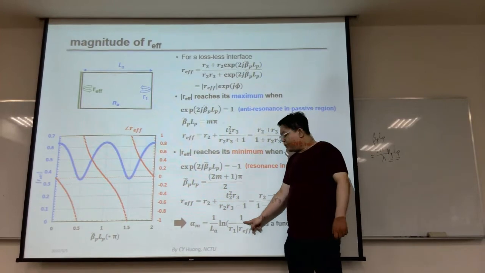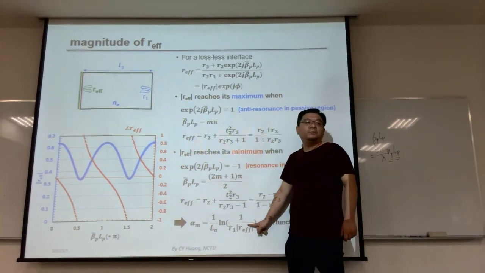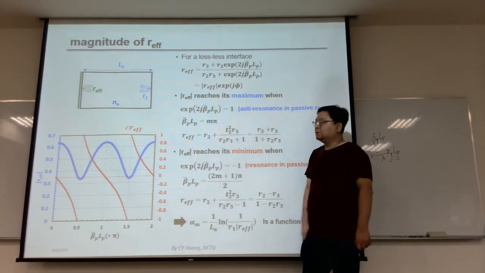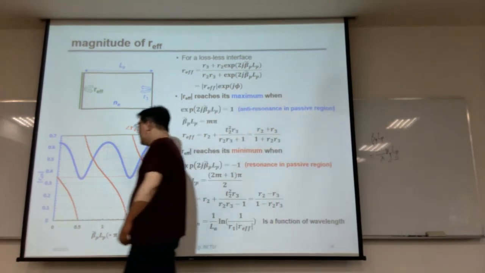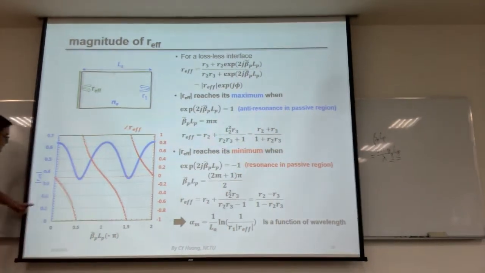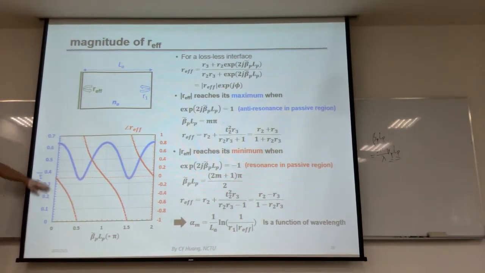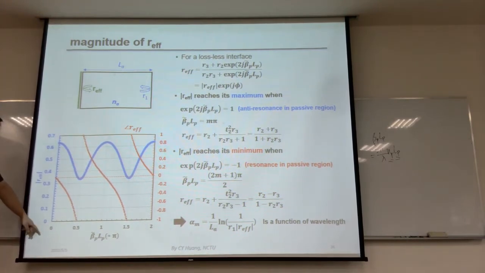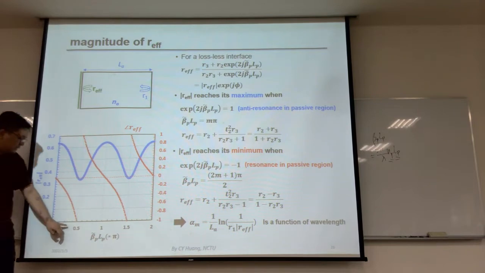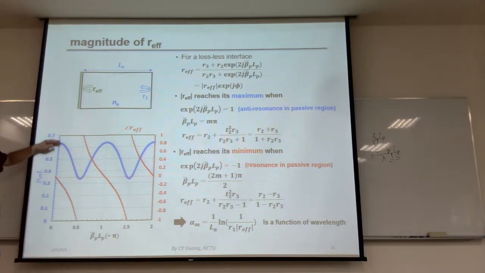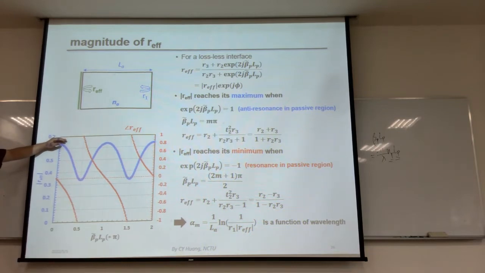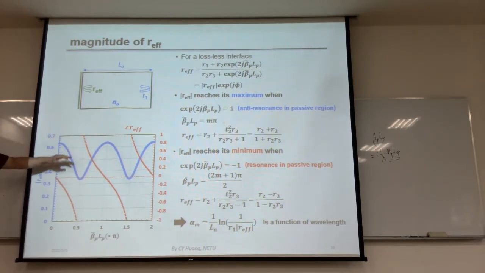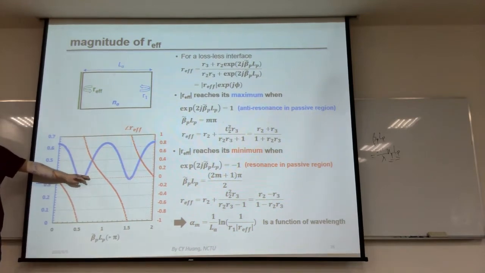So it will be a function of wavelength. So, for example, the R_eff is high when beta_p L_p is 0 or 0.5. When the reflectivity is high, then its mirror loss is low. When the reflectivity is low, the mirror loss is high.